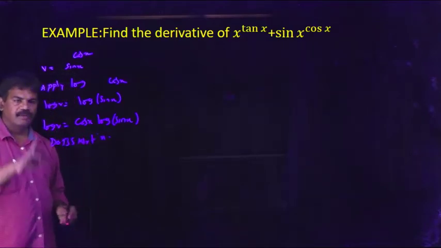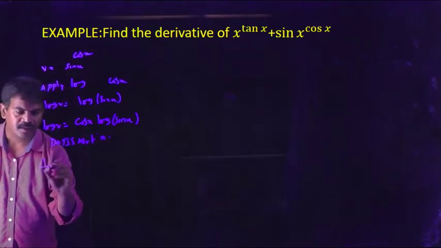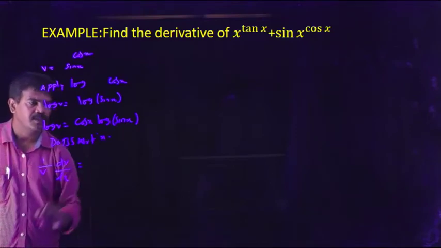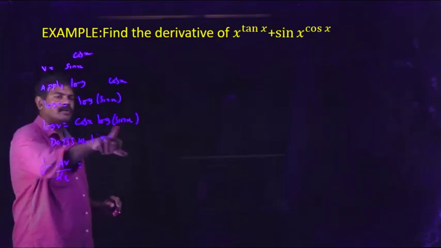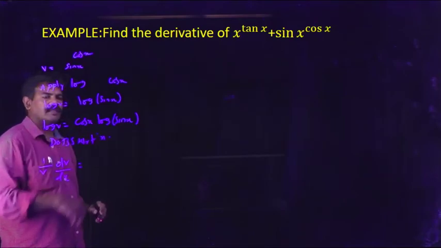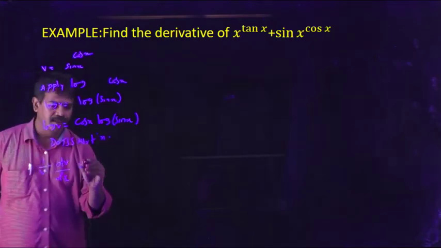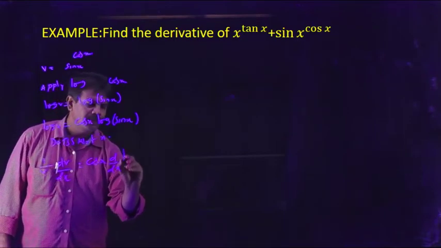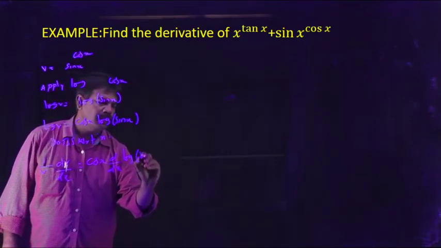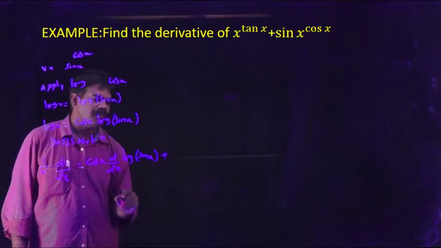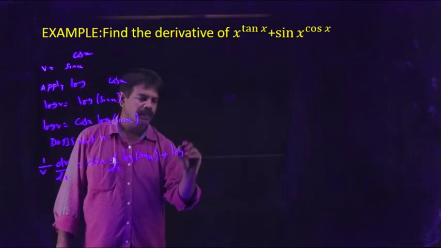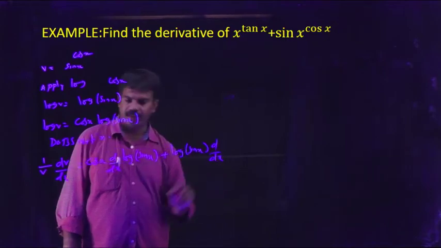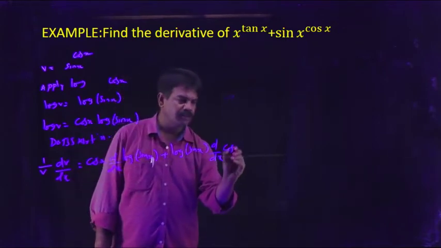So derivative of log v is 1 by v into dv by dx is equal to, apply here also the uv formula, u is equal to cos x and v is equal to log of sin x. That is cos x into d by dx of log of sin x plus log of sin x into d by dx of cos x.